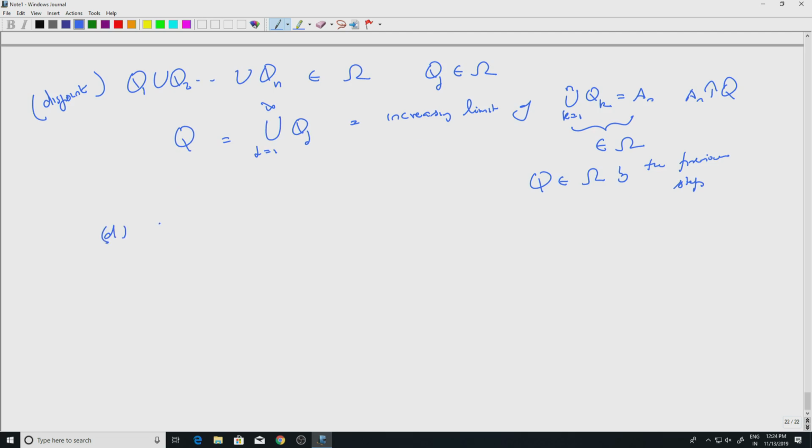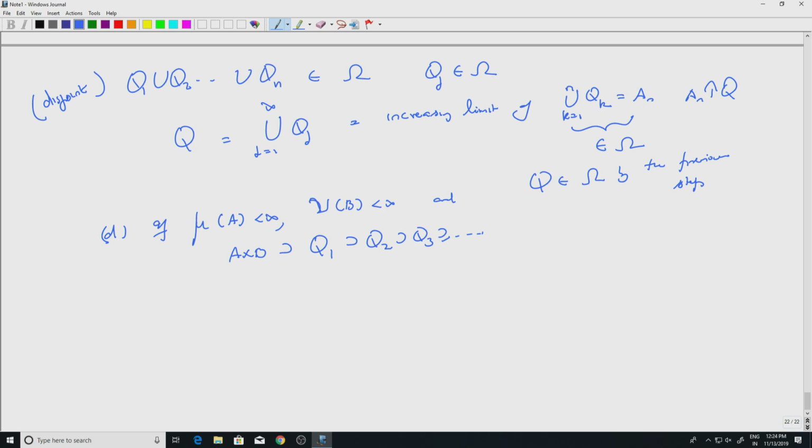Okay. So I will be brief here because it is the same kind of argument. Mu of A less than infinity, nu of B less than infinity, and A cross B contains Q1 containing Q2 containing Q3. We are now trying to prove that decreasing limits are also there.